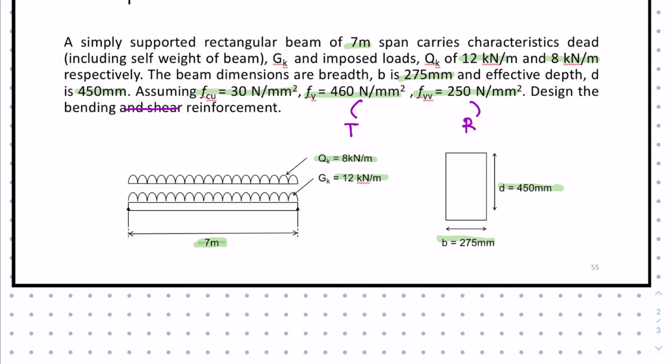So, what's the difference between example 1 and example number 2? Example number 1 gives you the total height of the beam. They already gave the height. And for example number 2, they just give the effective depth.